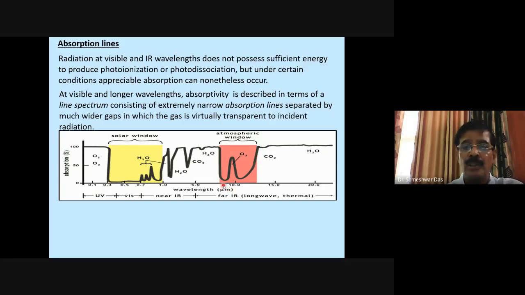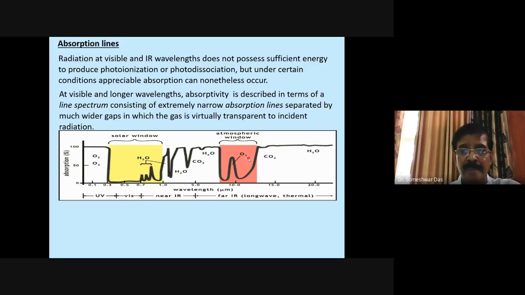Similarly, here also we have the minimum absorption. This black line is minimum here, and this is because of the ozone, O3. Except for this one peak here, otherwise the line is minimum. So this is the atmospheric window because of the presence of the ozone, and this is what we try to exploit in designing the sensors for the satellites.